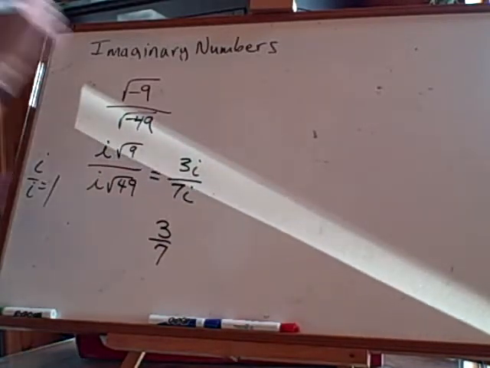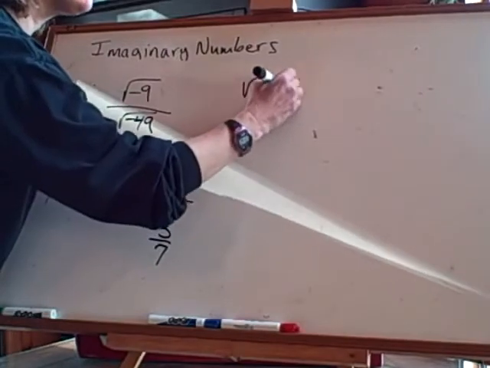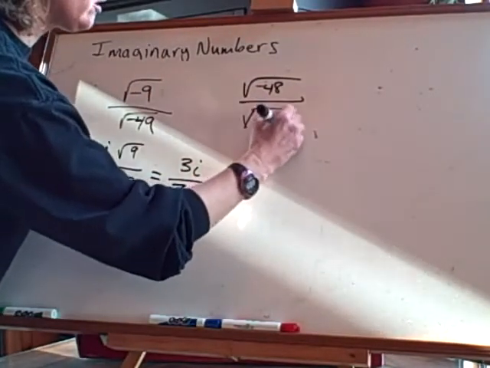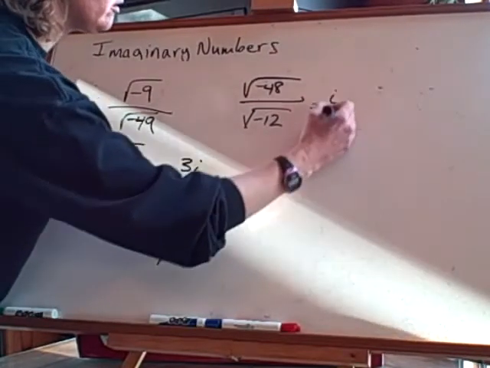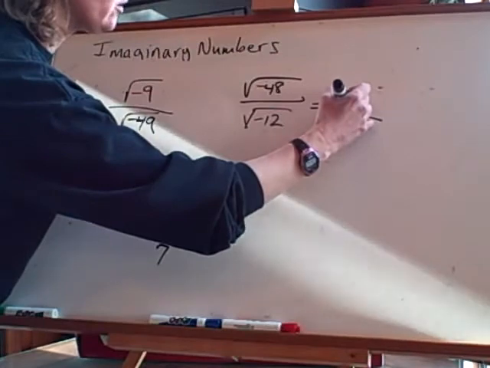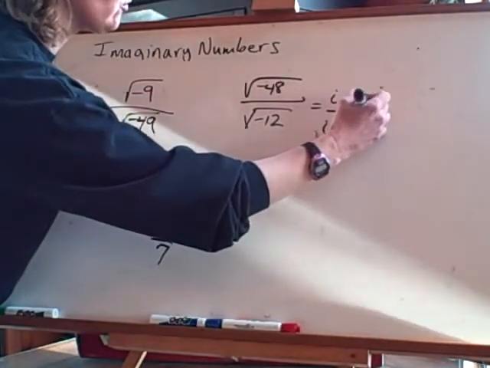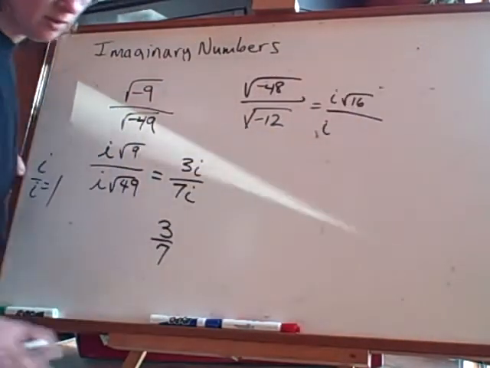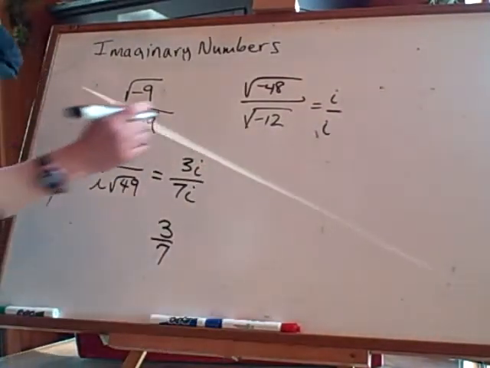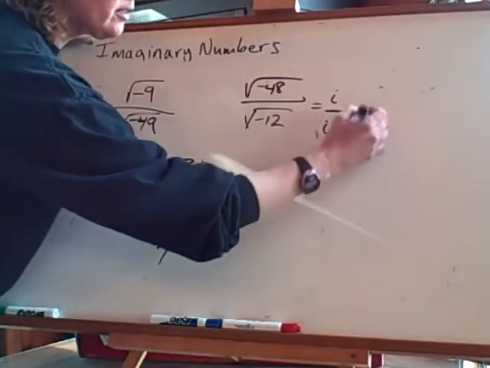All right, let's do our last example on that one, which is the square root of negative 48 over the square root of negative 12. So we're going to pull our imaginary numbers out. Square root of 48, what would that be? 16 over, no, I'm going to do that different. You can do it that way, but let's just do it this way. i over i, correct?